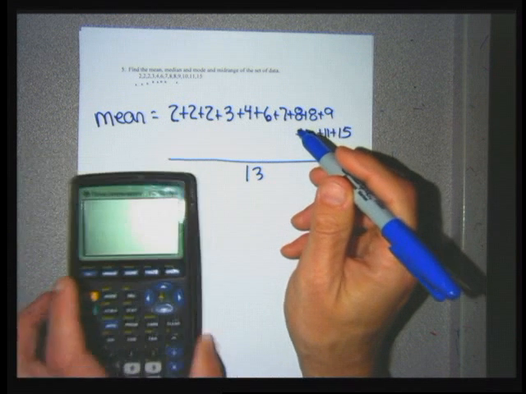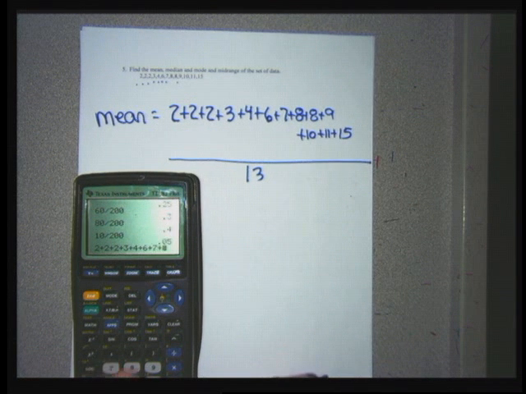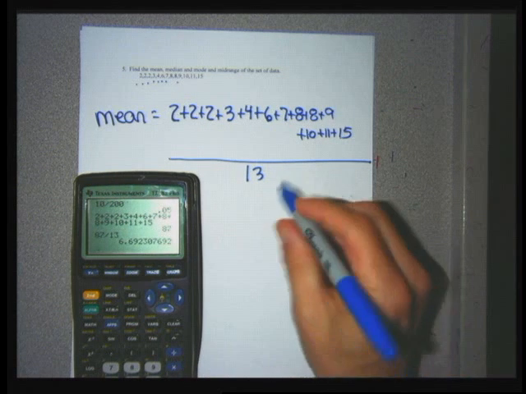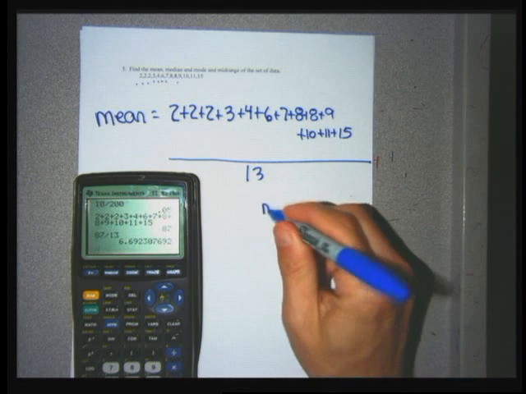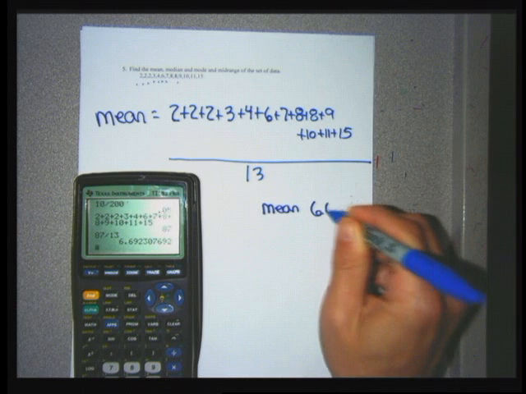So I'm going to add up all the data pieces: 2 plus 2 plus 2 plus 3 plus 4 plus 6 plus 7 plus 8 plus 8 plus 9 plus 10 plus 11 plus 15. I get 87. Now I'll take 87 divided by 13. And it doesn't tell me where to round. I think we've been rounding to 2 decimal places, so I'm going to write 6.69 for the mean.